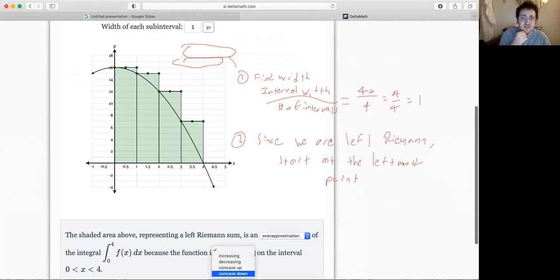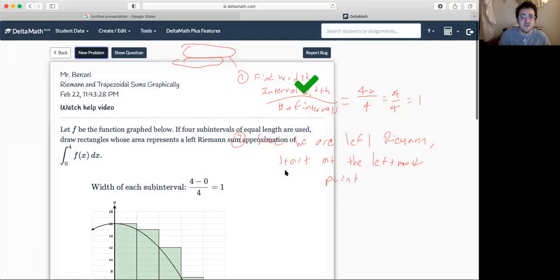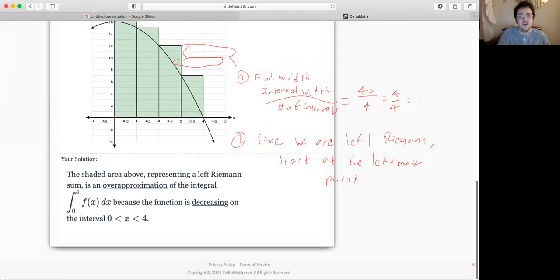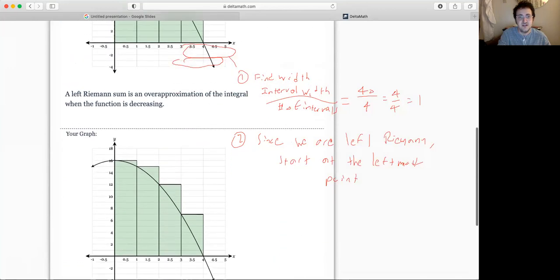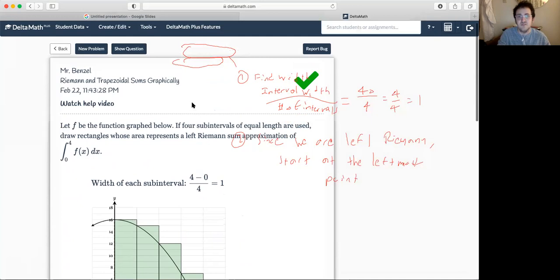It turns out that since the function is decreasing on the interval from 0 to 4, taking the left point is always going to give you that higher y value. We're going to submit our answer here. And I think it's always good to read the explanations even if you get them right. So let's look at another example.